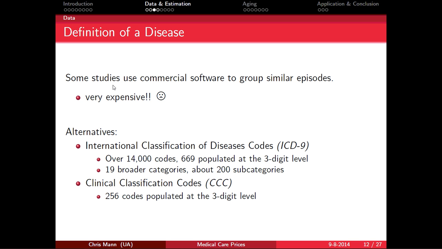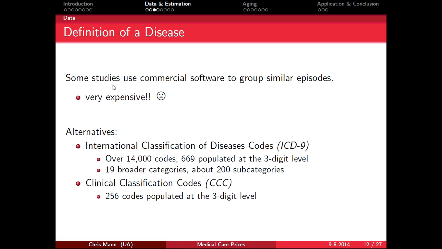But in addition to that, we could use the different broader categories, which is used by Bradley in 2010. And so, in this case, there are 19 broader categories in the MEPS data. Or we could go a little bit lower level than that and use the about 200 different subcategories.